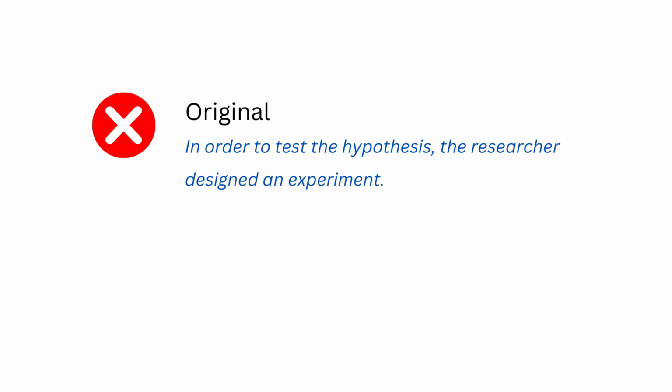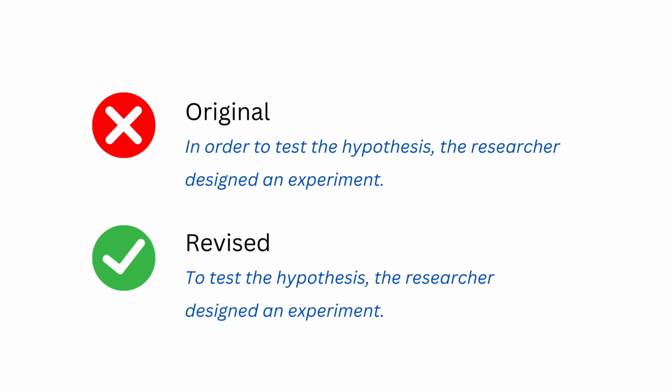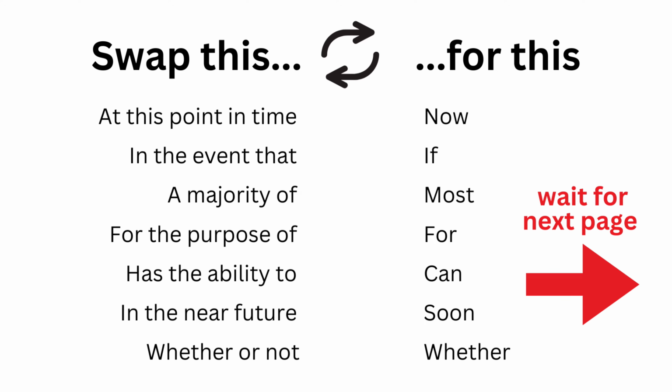Another example, rather than writing, "In order to test the hypothesis, the researcher designed an experiment," you could write, "To test the hypothesis, the researcher designed an experiment." Replacing "in order to" with just "to" saves words and keeps your writing clear and direct. Now, get ready to take a screenshot, because here are some other phrases to look out for in your writing to chop and swap.